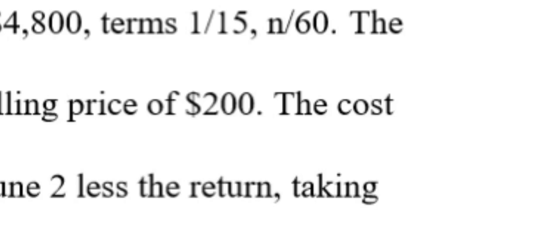Then on June the 4th, we have a return where the retail value of the return was $200 and the cost was $110. So we're going to have two parts to this journal entry as well. We're going to start with the sales returns and allowances, which records the return at retail, which is going to be $200.